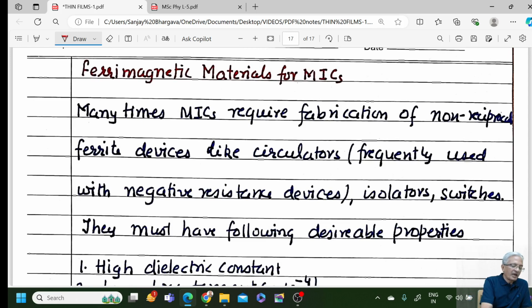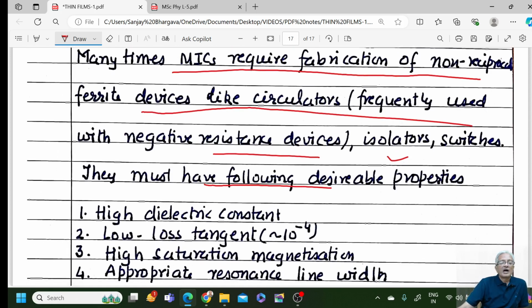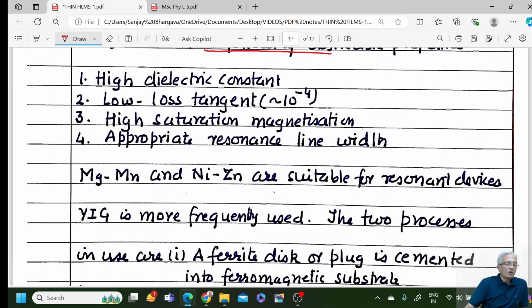Ferrimagnetic material for MICs. Many times MICs require fabrication of non-reciprocal ferrite devices like circulators, frequently used with negative resistance devices, isolators, switches. Then the material must have the following desirable properties: high dielectric constant, low loss tangent of the order of 10 raised to power minus 4, high saturation magnetization, appropriate resonance line width.